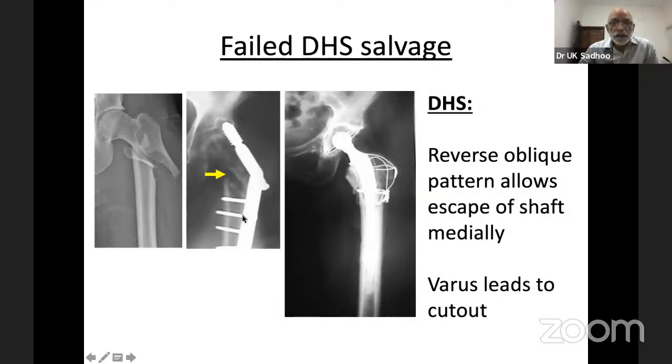And this is one reason the DHS is not a preferred implant in subtrochanteric fractures. The other would be a cutout of the blade, the screw superolaterally in case there is varus, which keeps on increasing. And the only salvage thereafter would be a total hip replacement.